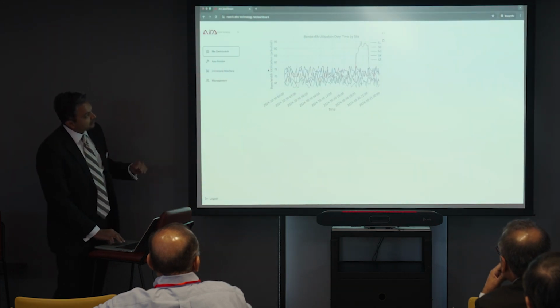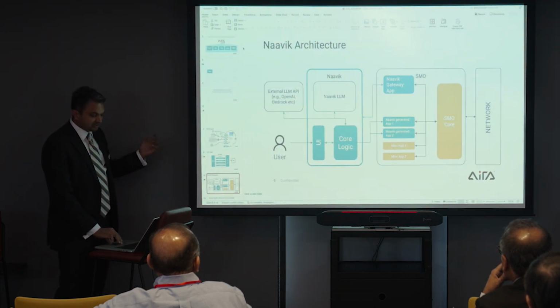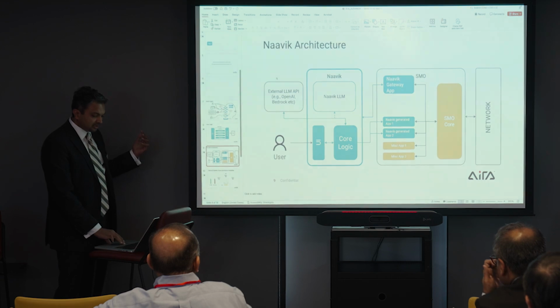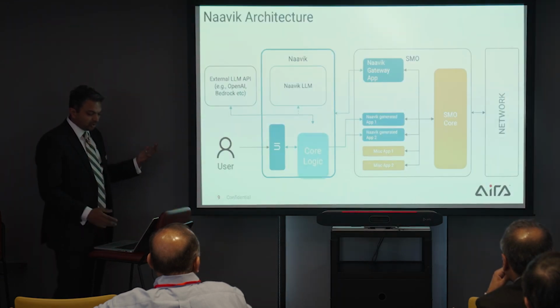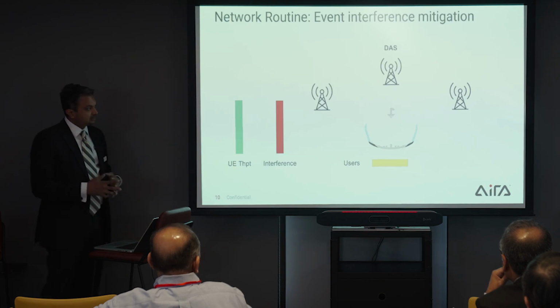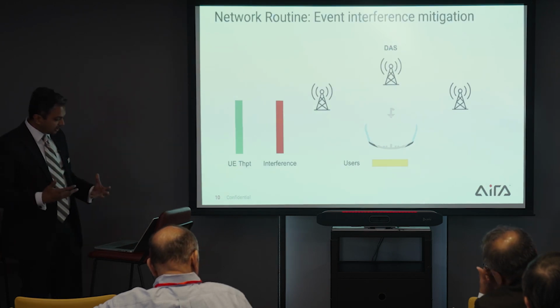Now let's get back to that problem that if you recall, this is how it looked, right? There is one site which is experiencing high PRB utilization caused by users coming into that network. So how do we solve that? The way to solve it is to write an automation.